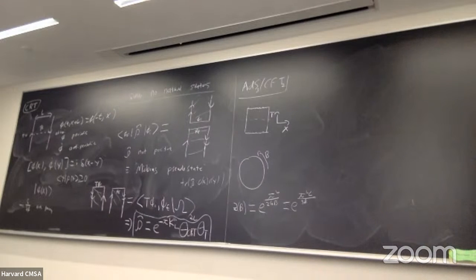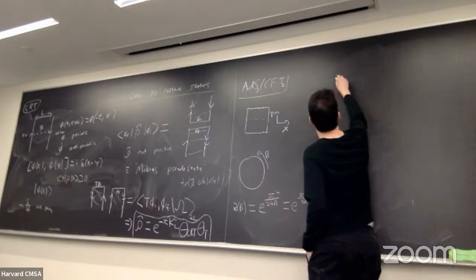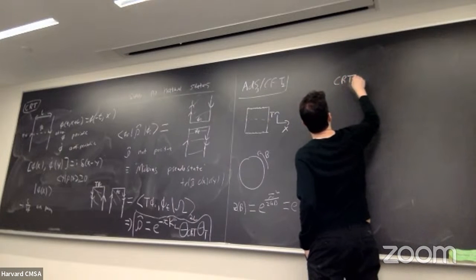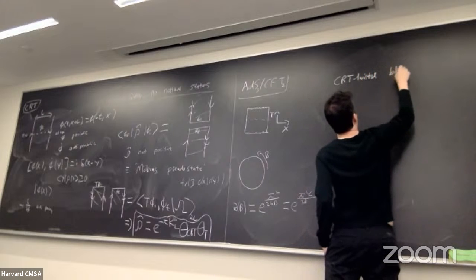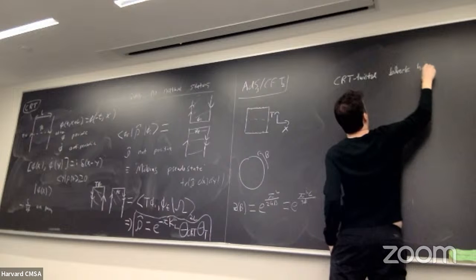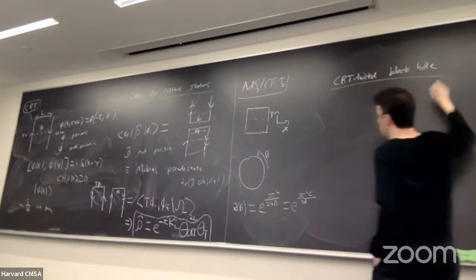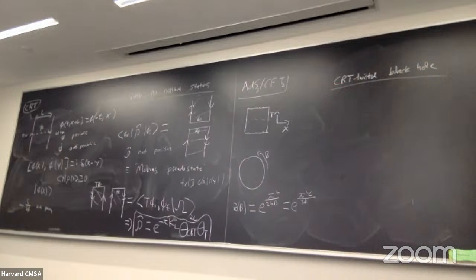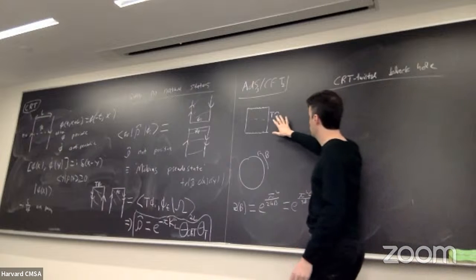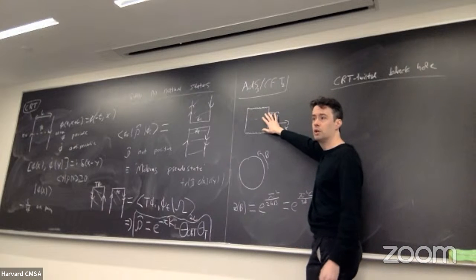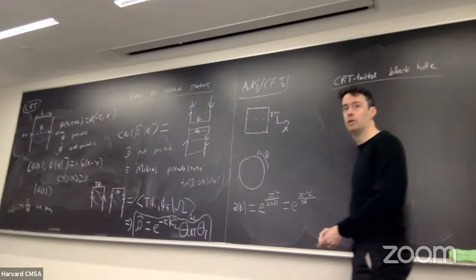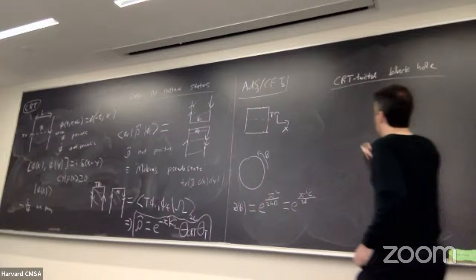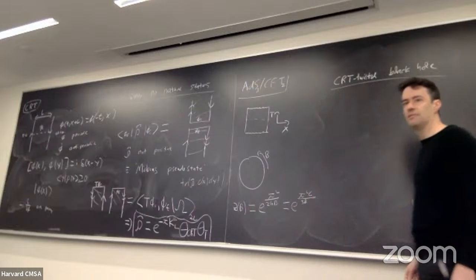Now I'm going to take this and I'm going to do something bad. So I'm going to introduce a geometry that I call the CRT twisted black hole. So the idea is that I'll start in Lorentzian signature. There's a natural involution of this geometry, like a Z2 isometry, and I can quotient by that.